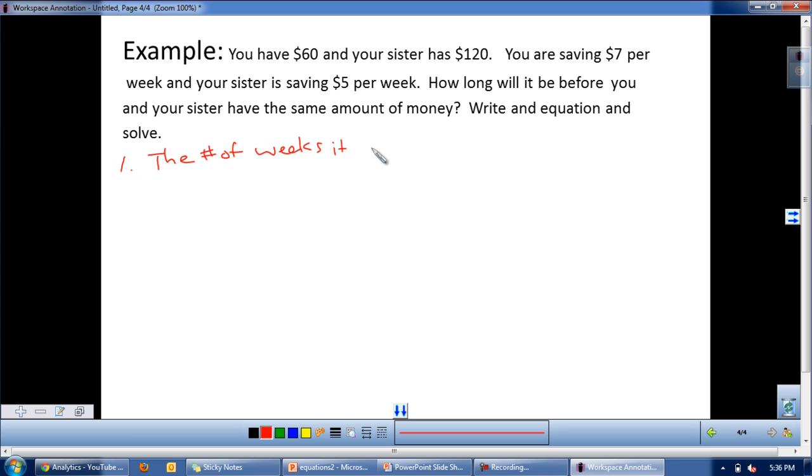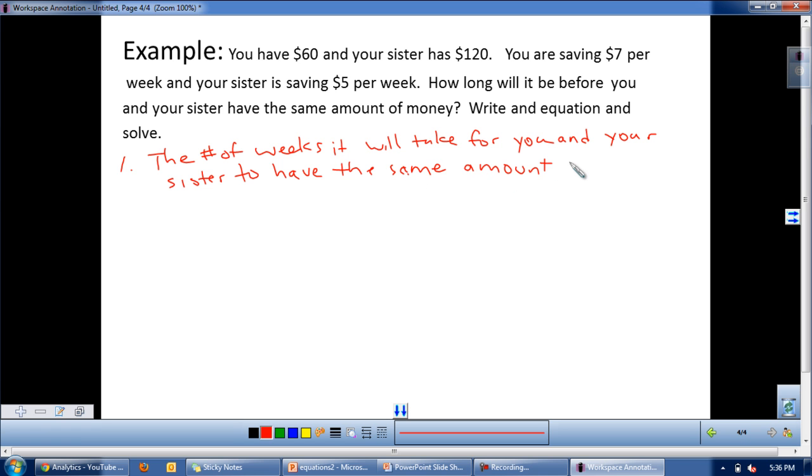It will take W weeks for you and your sister to have the same amount of money.